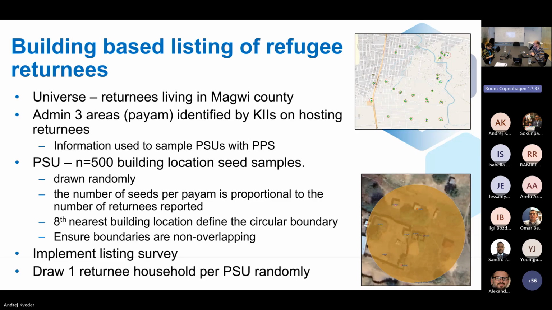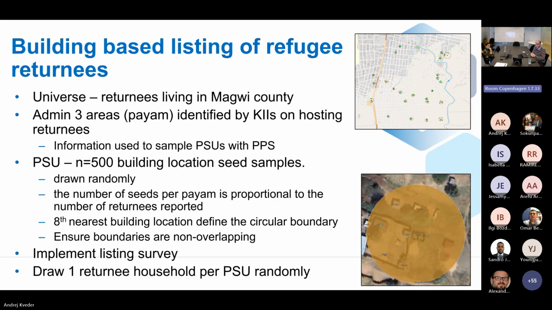So there is one example where we did a targeted listing methodology where we use the building footprints to define our listing areas around buildings. And we list all of the households living within a certain perimeter. The perimeter is sensitive to density because it's based on the nearest neighbor principle.